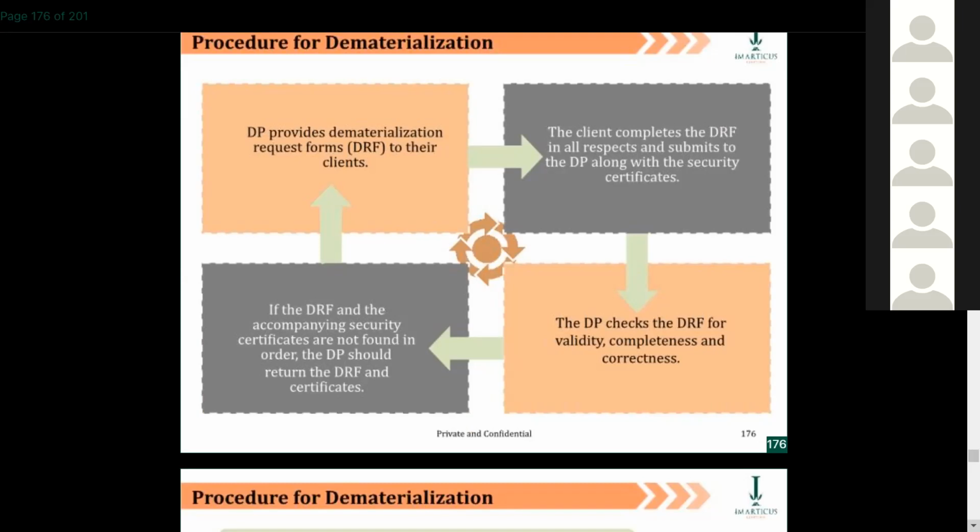In that, your account number and name is important, so which has to be there, and also the denomination of cash you're depositing has to be filled in. So here you'll have to fill in the details of the securities which you are depositing for dematerialization.